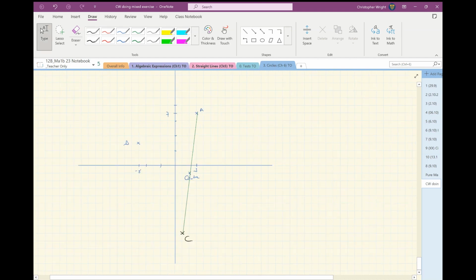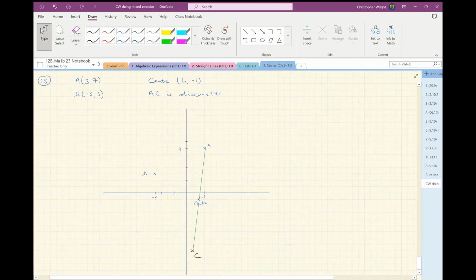So let's just have a look at that with the figures. I had the point A, which was (3, 7). I used the vector (-1, -8) to take me to the centre, and so that gave me the point (2, -1).